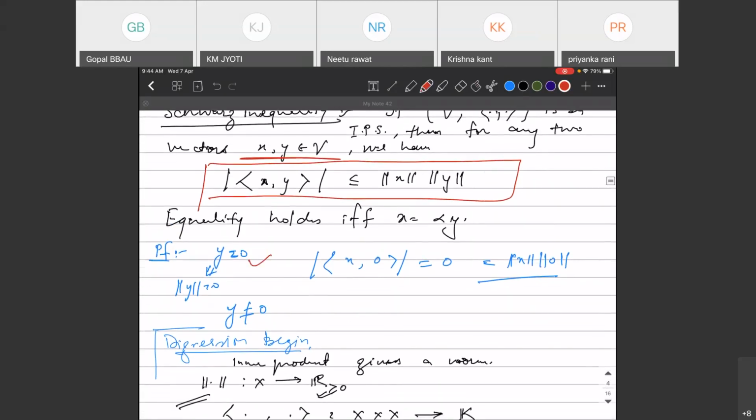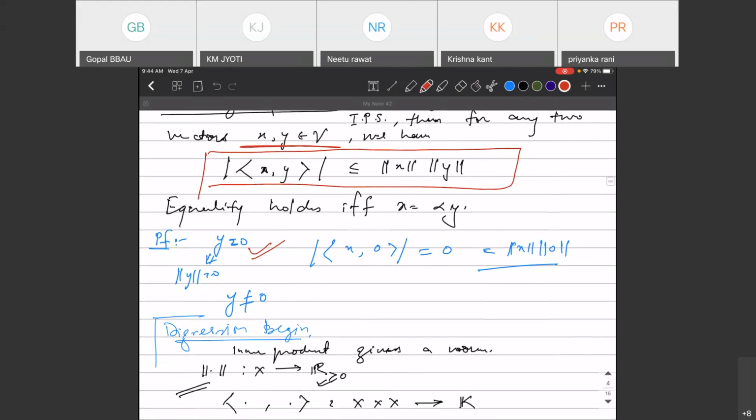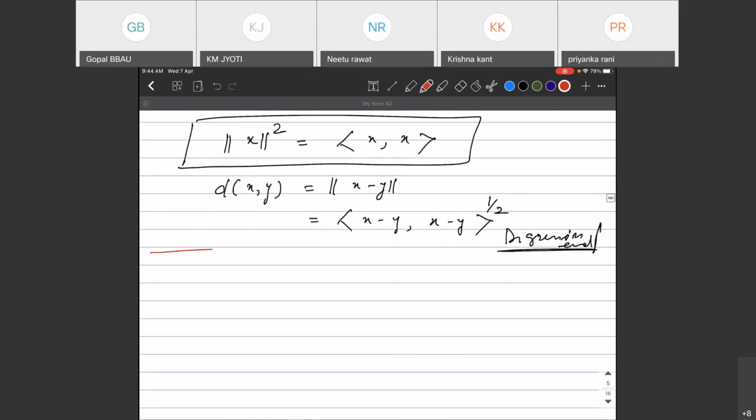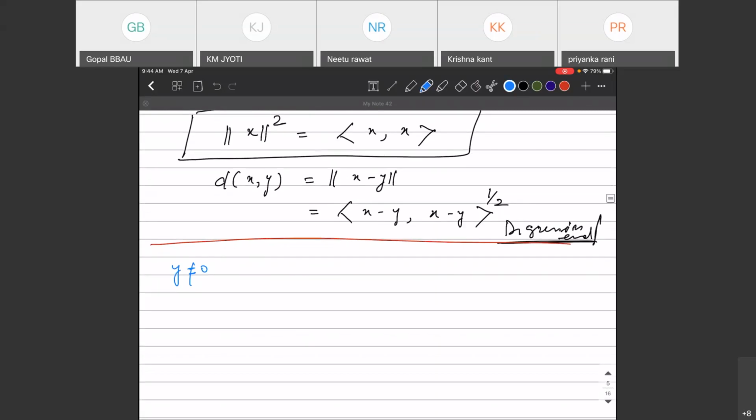For y equal to 0 or for x equal to 0, there is nothing to prove. Now take y non-zero, and use this definition.